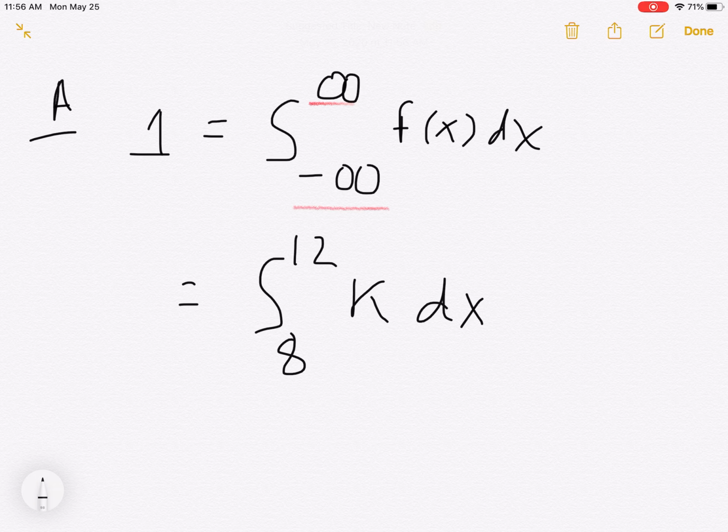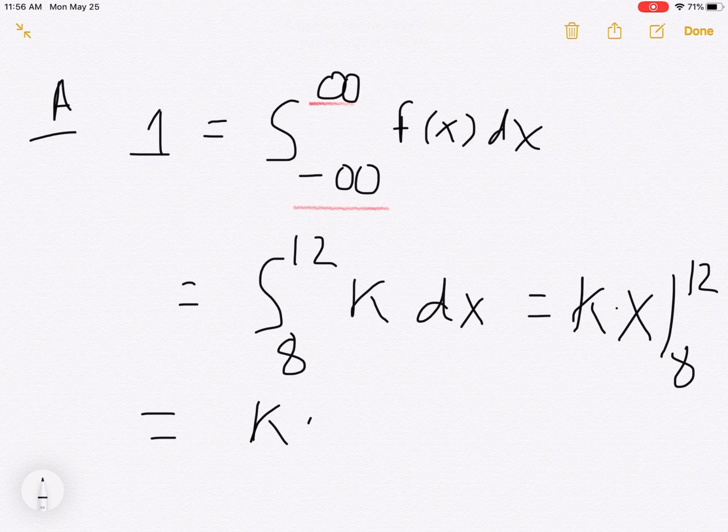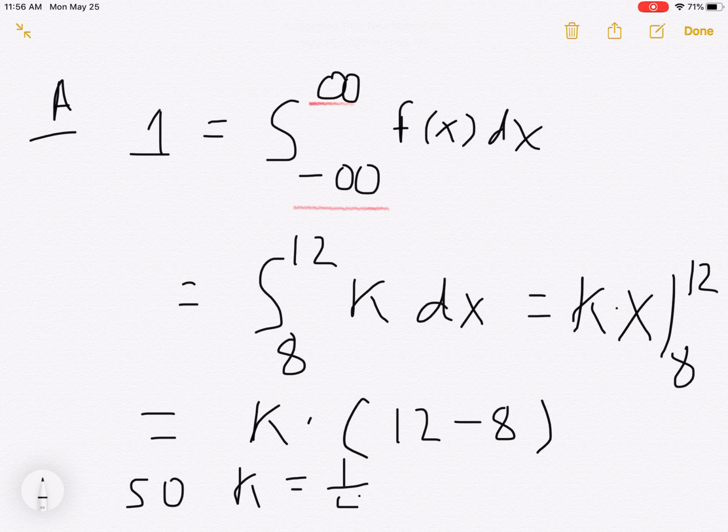Otherwise, it has a value of 0. So when we anti-differentiate, this will be k times x from 8 to 12. And this will be k times 12 minus 8, which is 4. So k is equal to 1/4.